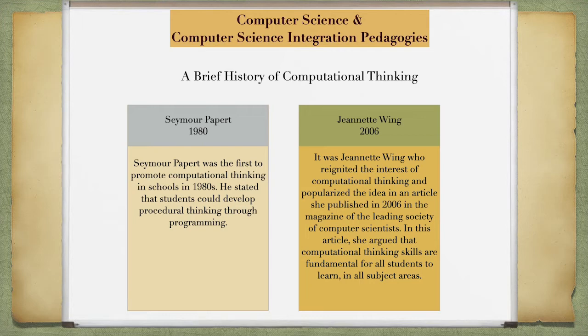She argued that students who learn computer science concepts can take them wherever they go, whatever professions they pursue, and whatever majors they are interested in. Since then, computational thinking has been the subject of intense and long discussions within the computer science education community.